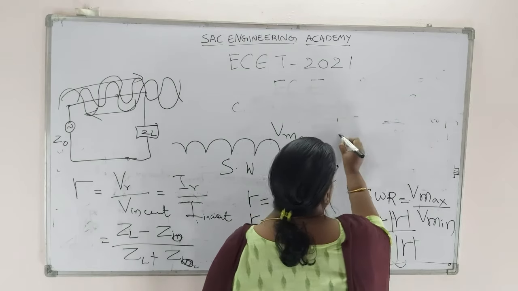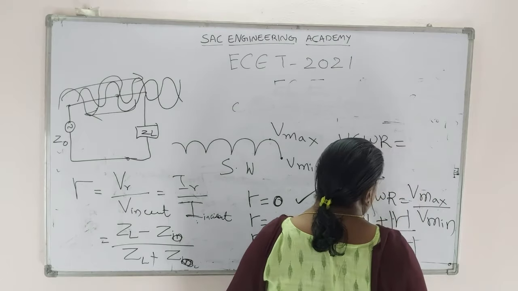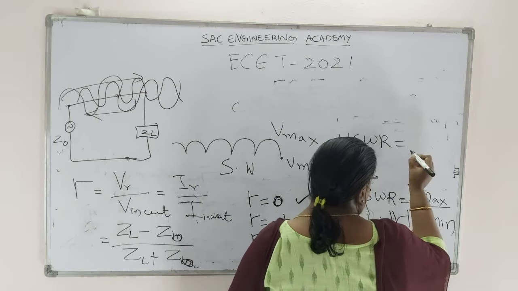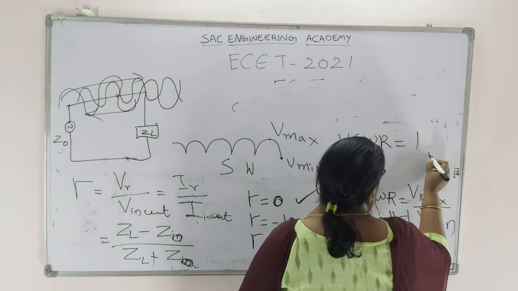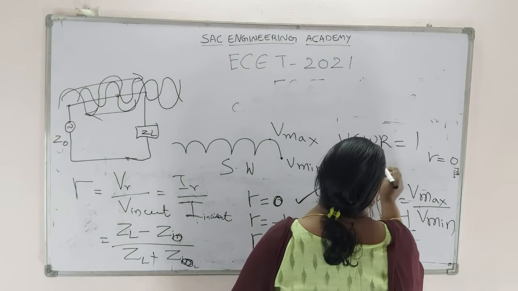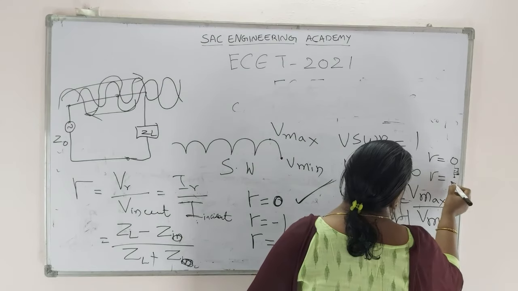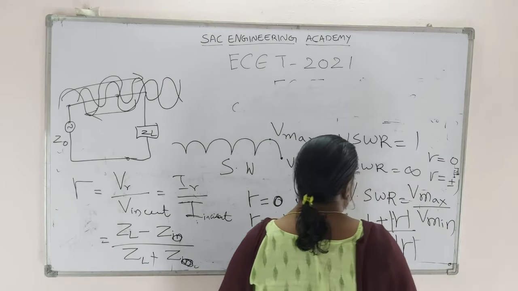VSWR is 1 when the reflection coefficient is 0. VSWR is infinite when the reflection coefficient is 1 or minus 1.